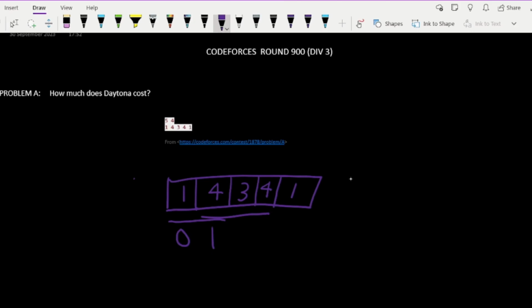In this case, the element other than k is 3. The number of occurrences of 3 in this subarray from indices 2 to 3 is 1, and the number of occurrences of 4 is 3.